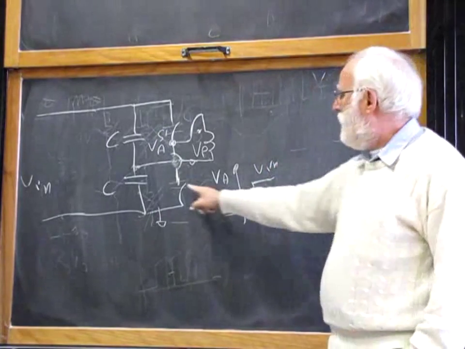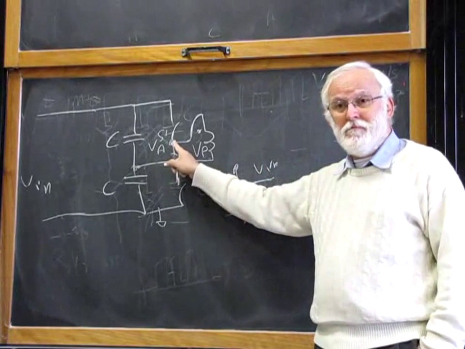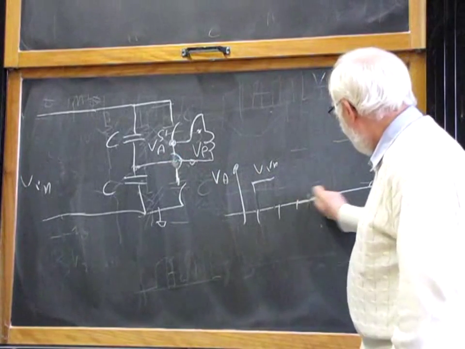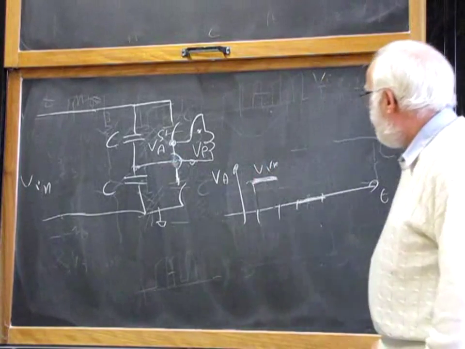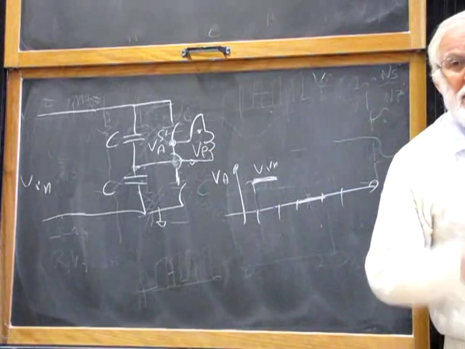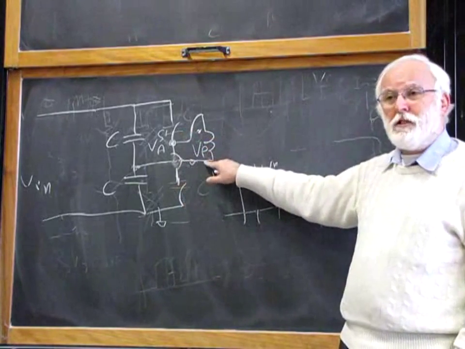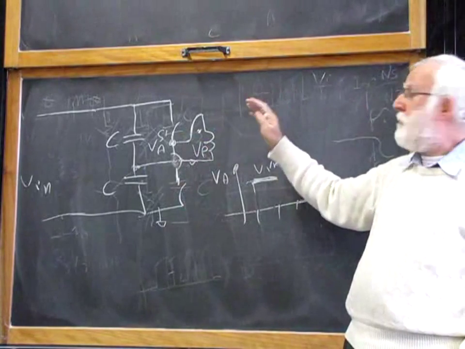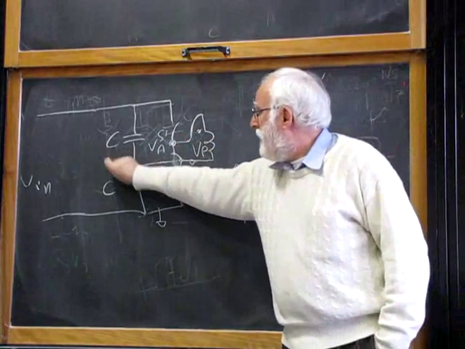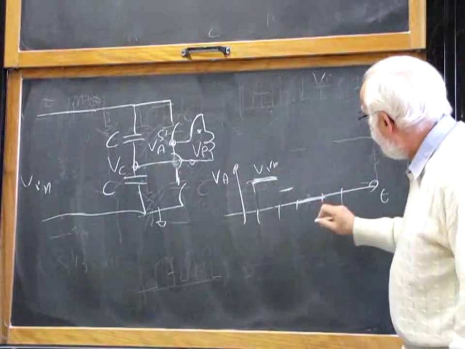And during the next T on, when you close the second switch, the voltage over here will be zero. And when the switches are both open, what voltage do we have over here? When the switches are both open, this is just a piece of wire. The secondary side will probably be short circuit because diodes are conducting. And so we'll have here the V central. That would be something like that.